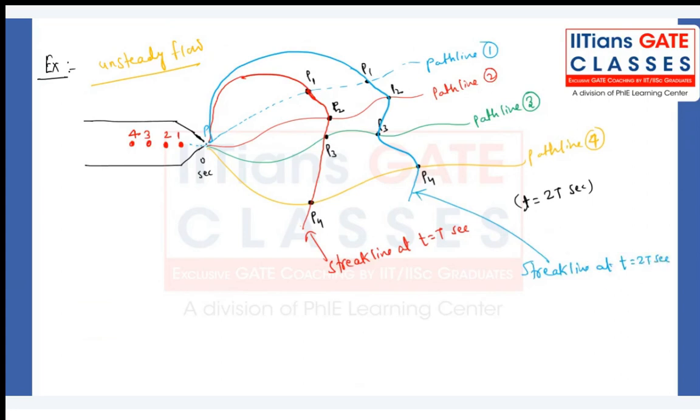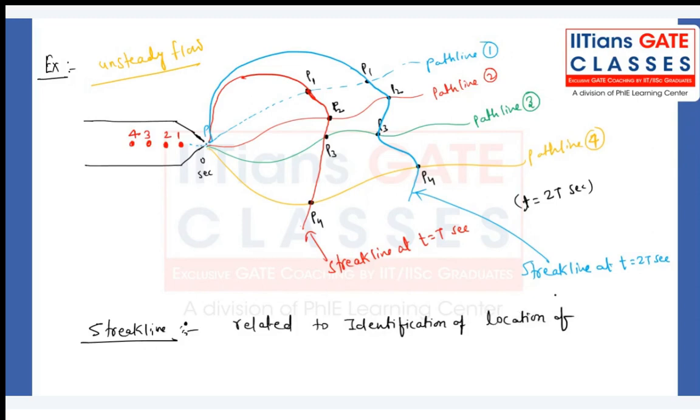So I hope that the streak line is clear. What is the meaning of a streak line? In a very short term, I would say that it is related to the identification of location of different fluid particles.